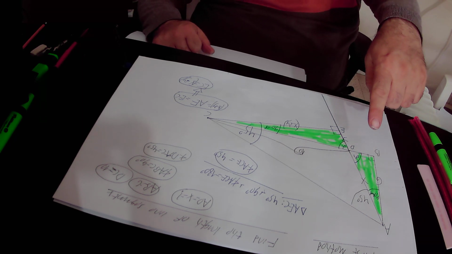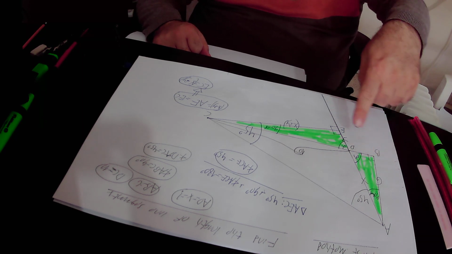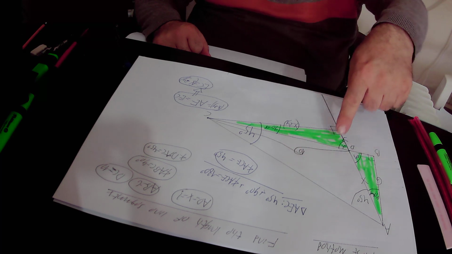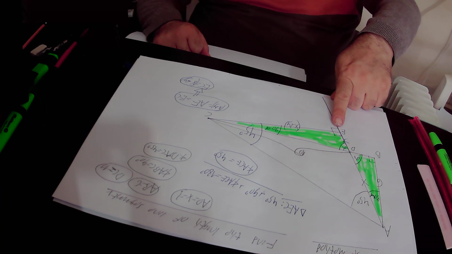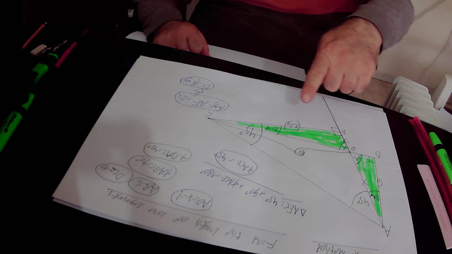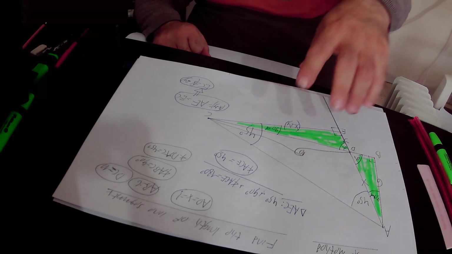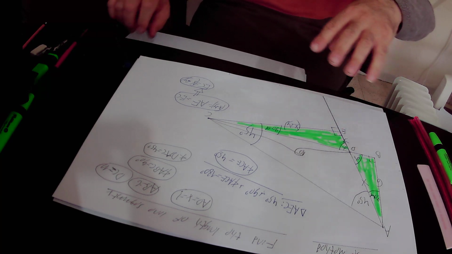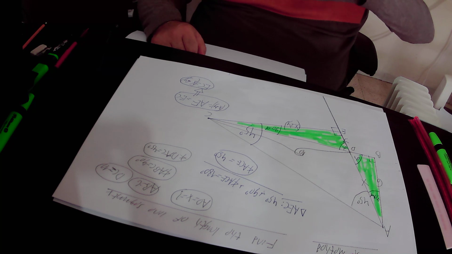So which angles do we have here? In the right triangle AEC, we have 45 degrees, we have 90 degrees according to our construction, and we have the missing angle, angle ACE. In total, the sum of those three angles must be equal to 180 degrees.